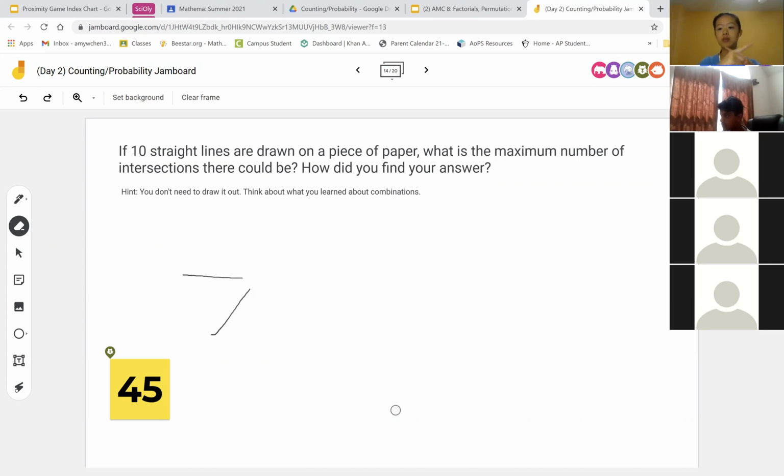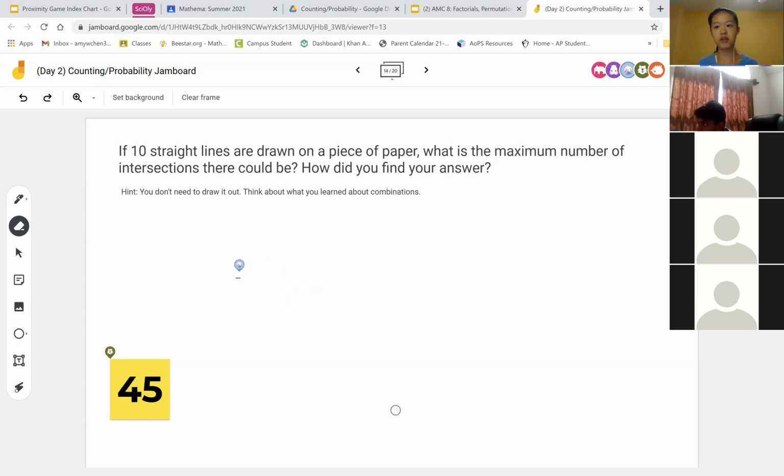Just know that the maximum number of intersections two lines can have is one intersection. So to maximize the number of intersections, we have to somehow make every line intersect all the other lines. We don't actually need to draw it out, or even think about how to visually represent it.